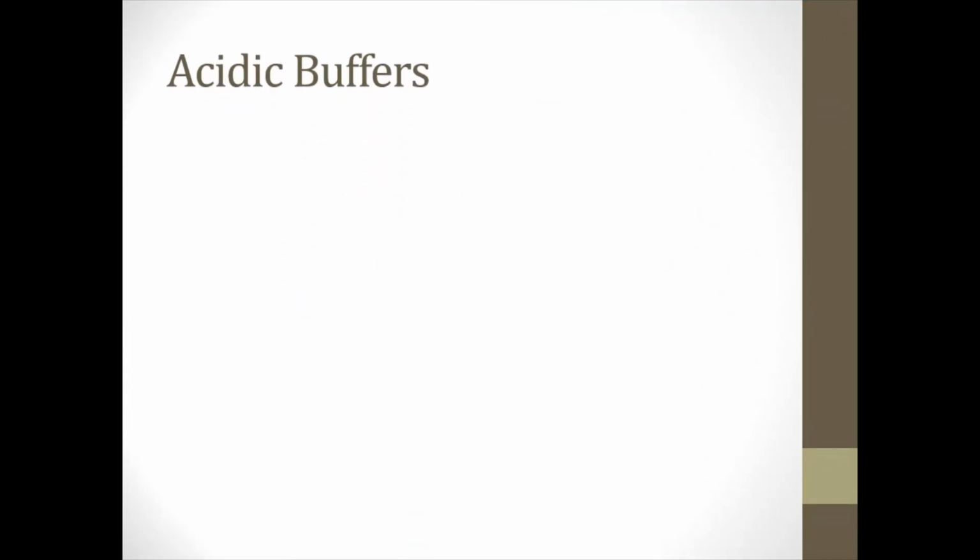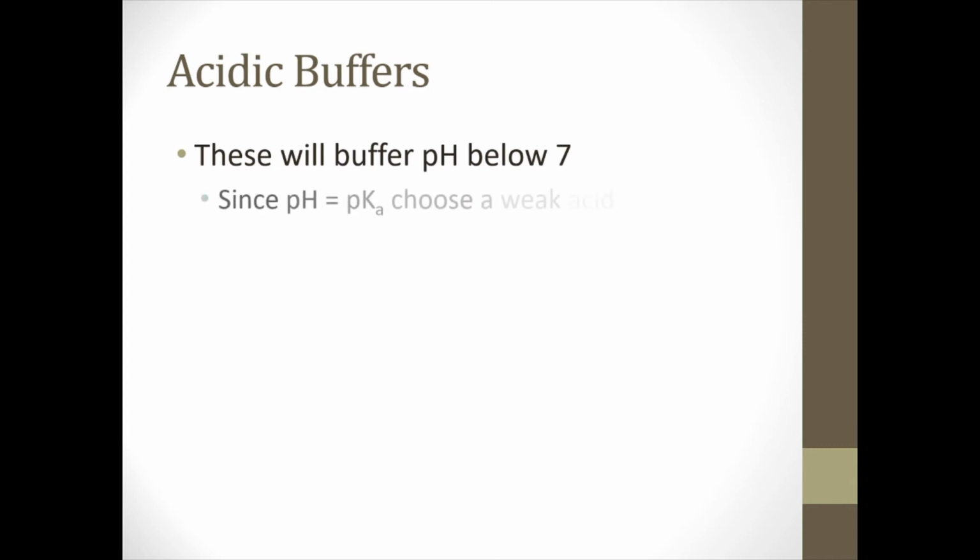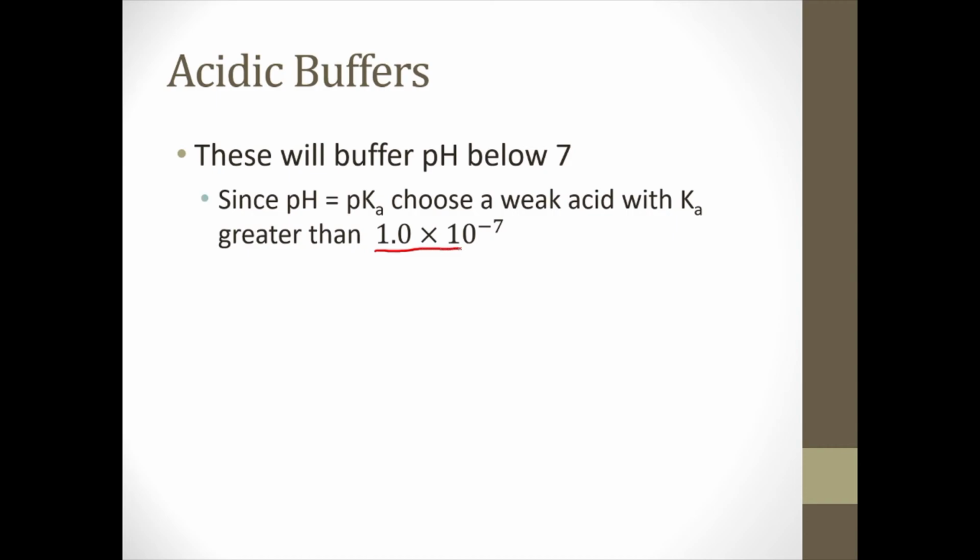Now, weak acid buffers will create a solution that will maintain an acidic pH, so their pHs will remain below 7. Now, an easy way to create these buffers is to simply use a weak acid where the Ka is greater than 1.0 times 10 to the negative 7.